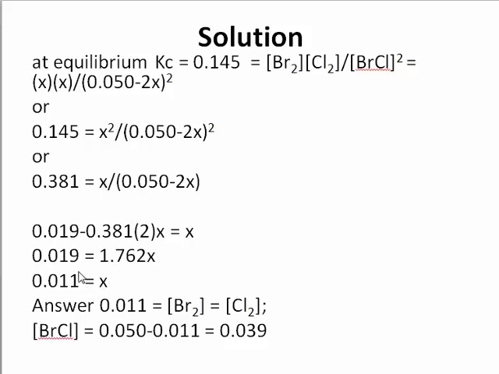X is then 0.011. 0.011 then is the concentration of bromine and chlorine. And the bromine chloride concentration is 0.05 minus 0.011 times 2, or 0.028. Note I had to correct a small arithmetic error there to obtain the correct answer.